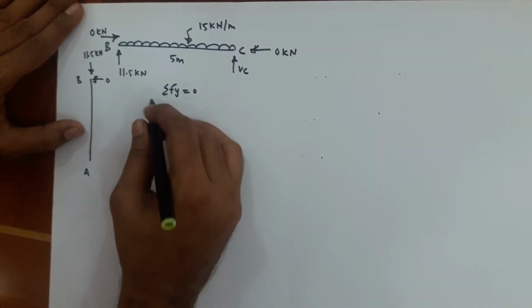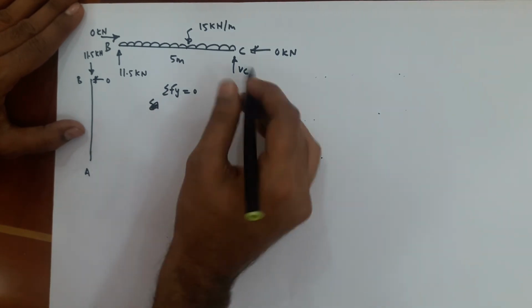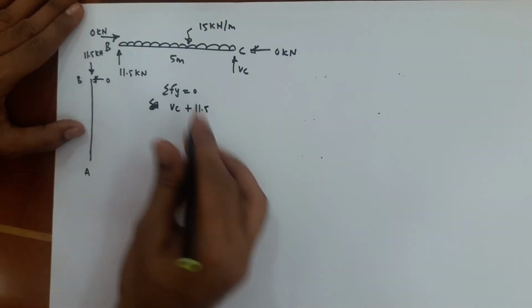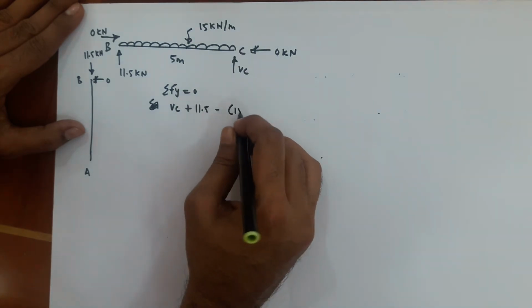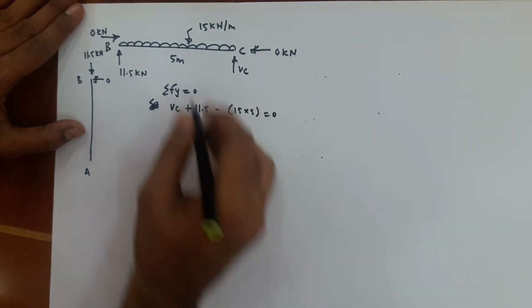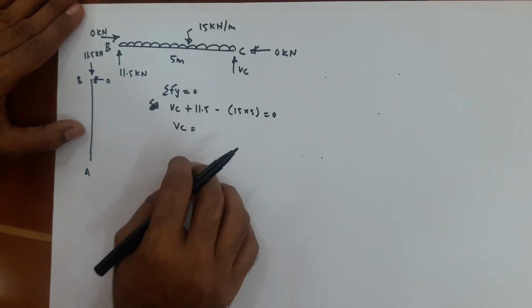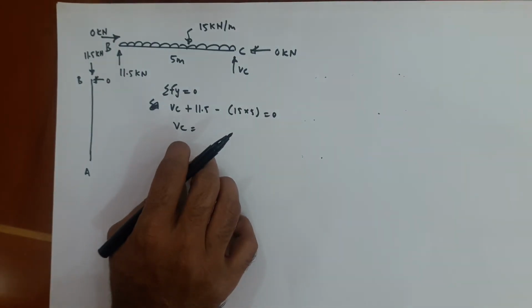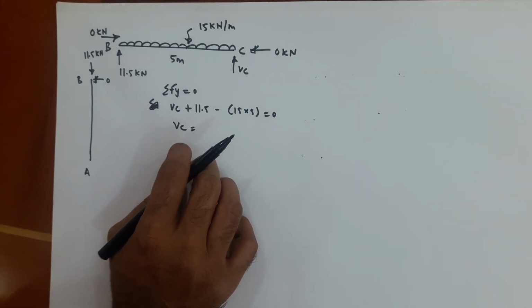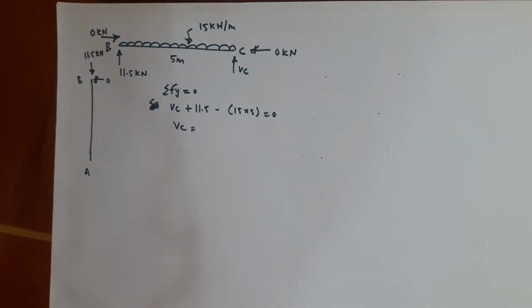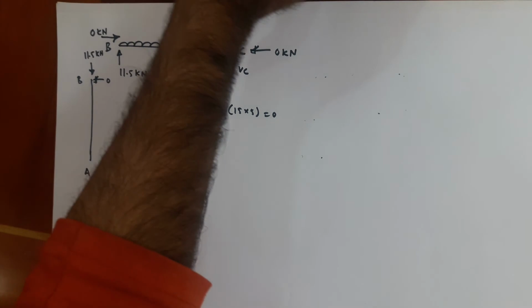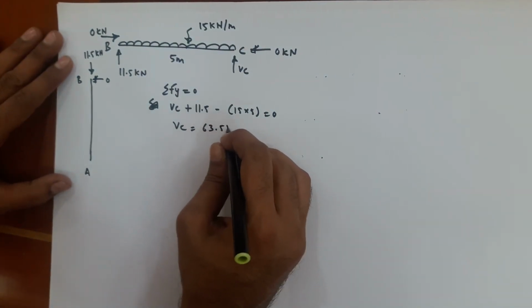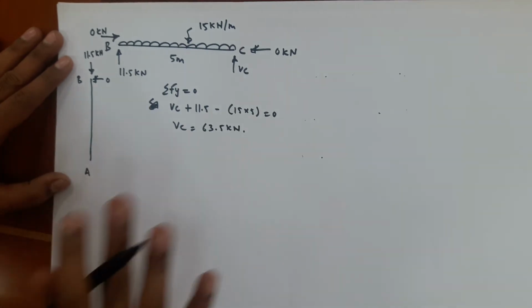You can use this equation: VC plus 11.5, both going upward, minus 15 into 5 equal to 0. So VC will be 63.5 kilonewton.